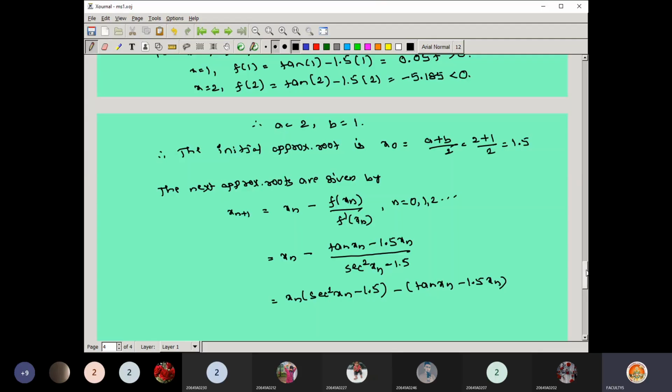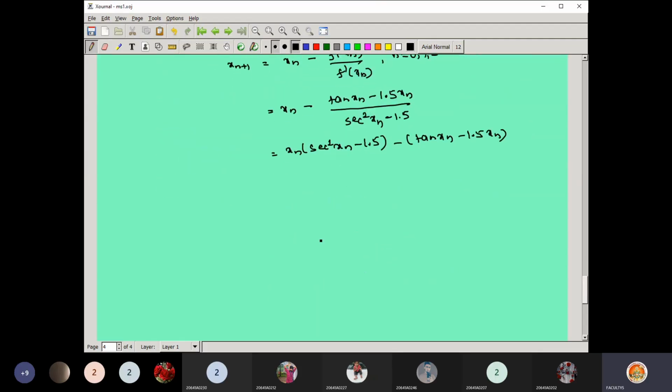Taking the LCM, the total is divided by secant square x n minus 1.5. Writing directly in the numerator, we have 1.5 x n, this minus 1, and the minus and plus cancel.